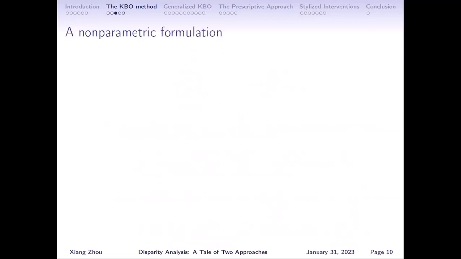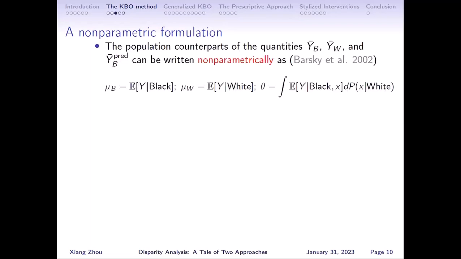And we can also use a non-parametric formulation of the KBO method. First, we note that the population counterparts of the quantities YB bar, YW bar, and the average predicted value from the regression can be written non-parametrically, outside the linear model, as these quantities, right? The first two are basically the population counterparts of the sample means, right?